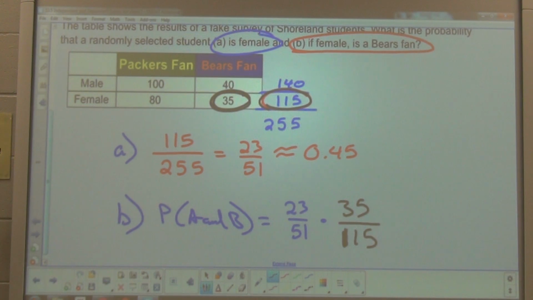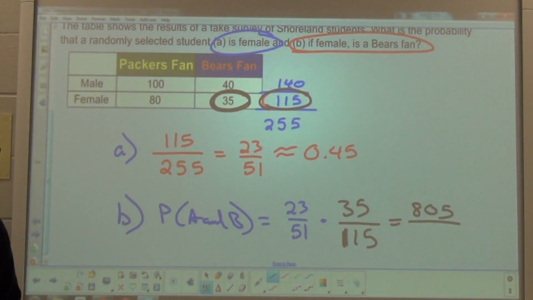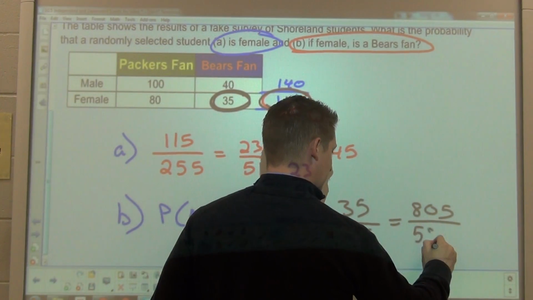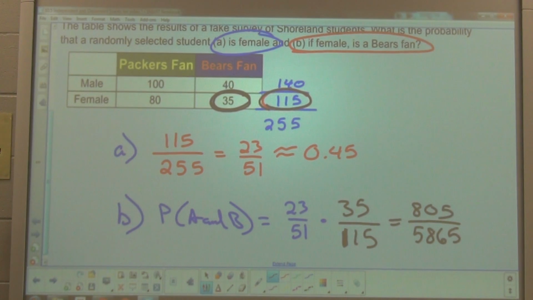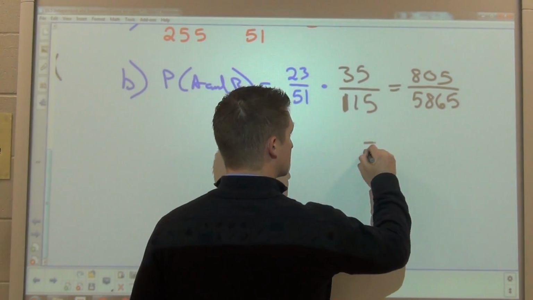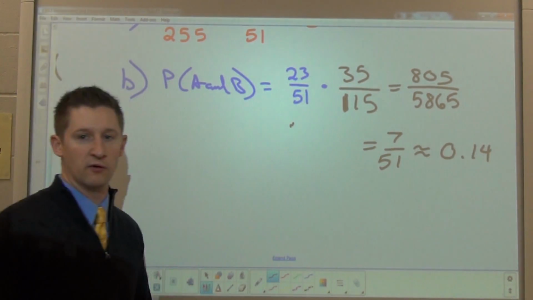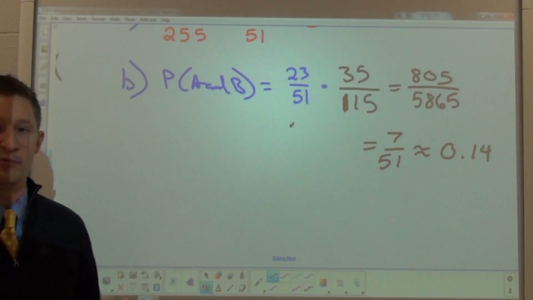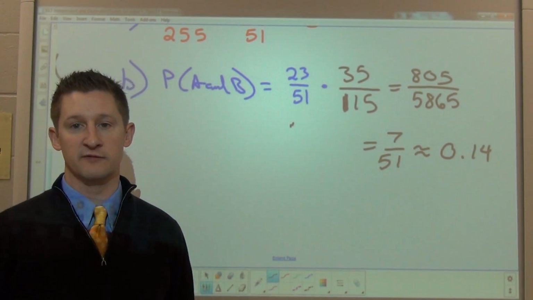Now, multiplying those two big numbers together, I get 805 over 5,865, which is kind of a big, goofy looking number. If I were to reduce that, it actually reduces down to 7 out of 51, which is convenient, and is approximately 0.14 or 14%. So that's the probability of selecting a Bears fan, given that I've selected a female from the survey that I have taken.